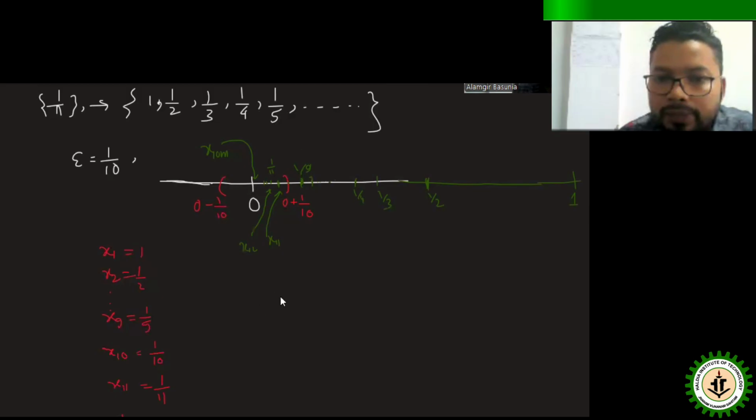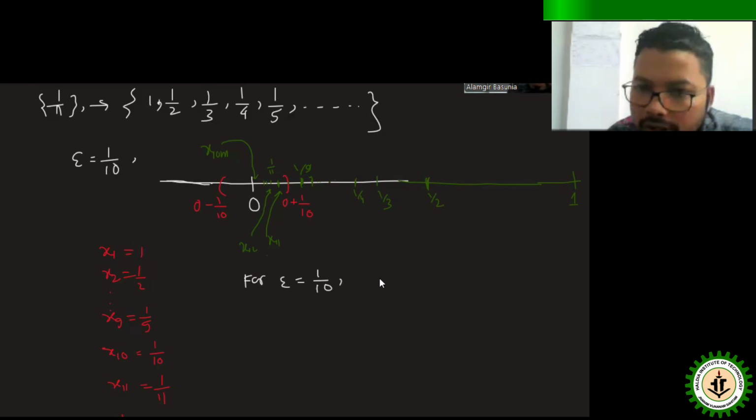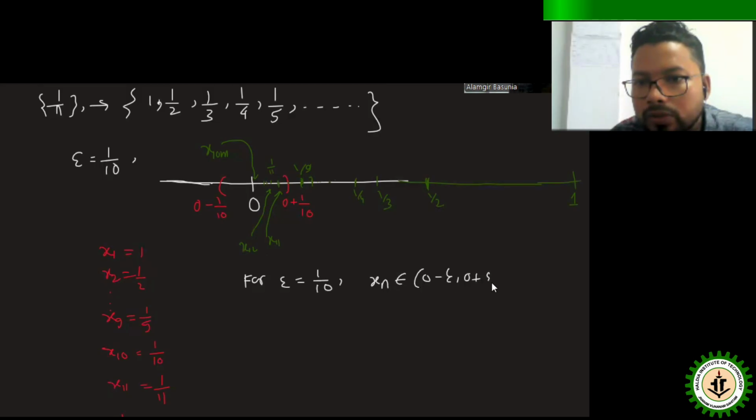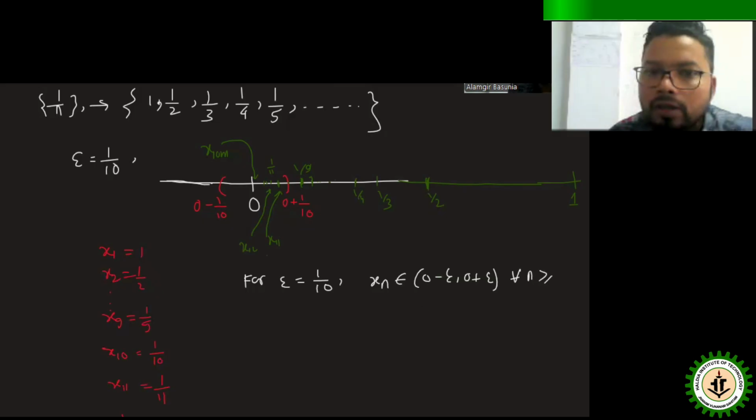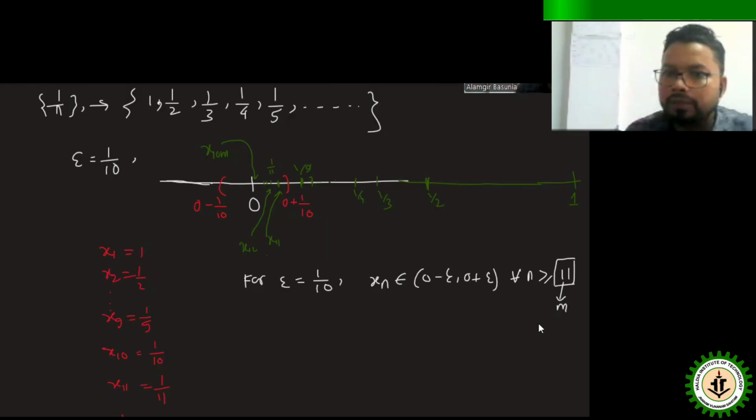So for epsilon equal to 1 by 10, all the terms xn belong to 0 minus epsilon, 0 plus epsilon for all n greater than or equal to 11. So this 11 is nothing but our m, a natural number.